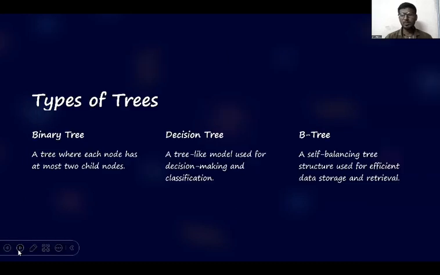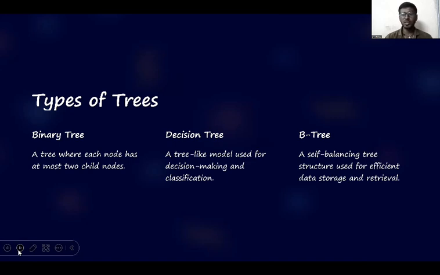There are some types of trees like binary tree, decision tree, and balanced tree. A binary tree is a tree where a parent can have at most two nodes. Not at least, it is at most two. The second type of tree is the decision tree.